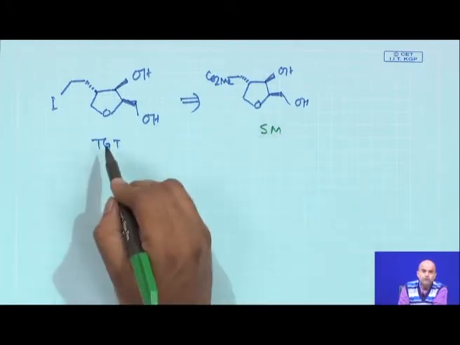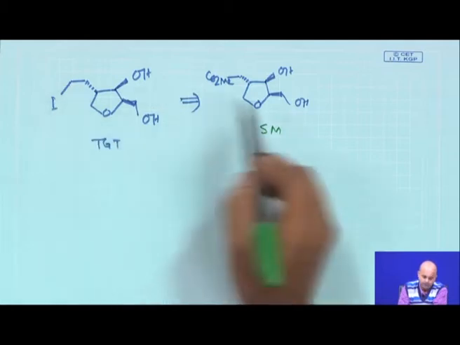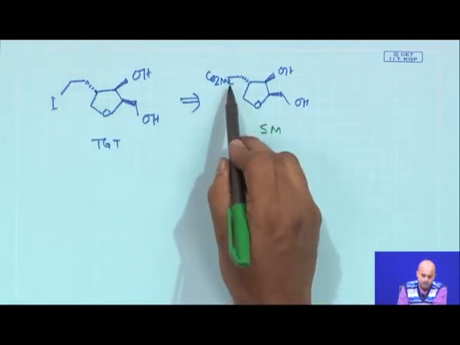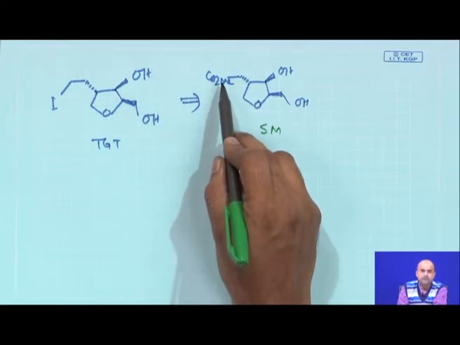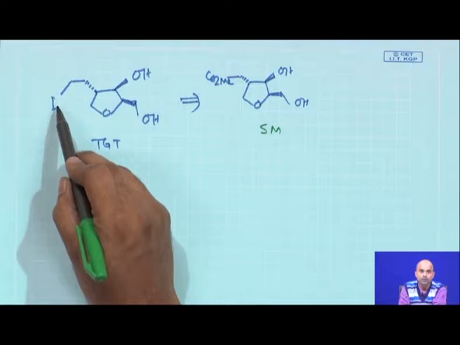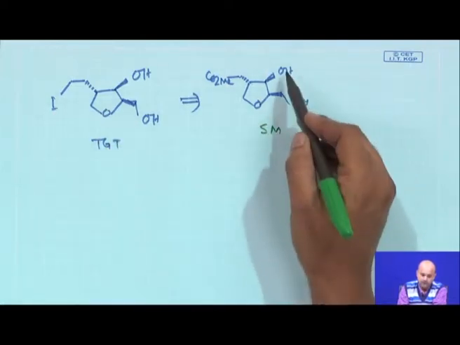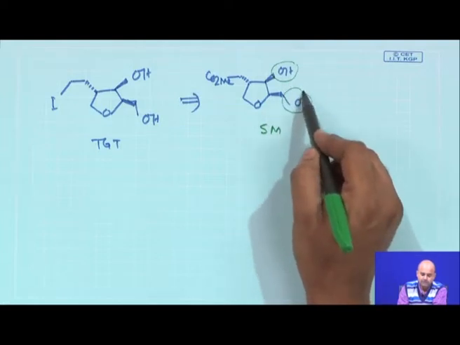What you need to do is convert the CO2Me to CH2CH2I. If you reduce this CO2Me, it will give you CH2CH2OH. Now, this primary alcohol you can easily convert to the corresponding iodo compound by Appel reaction. The point is there is another OH group in between.